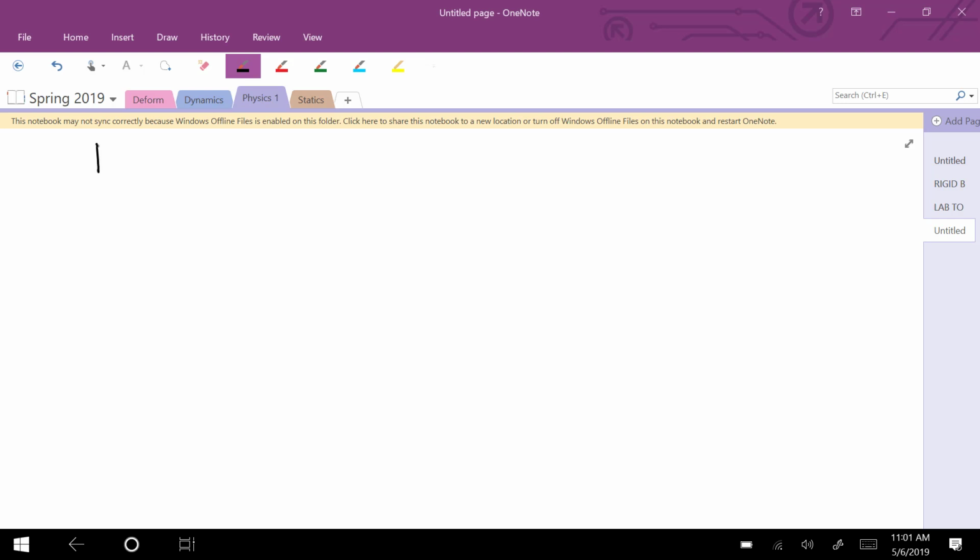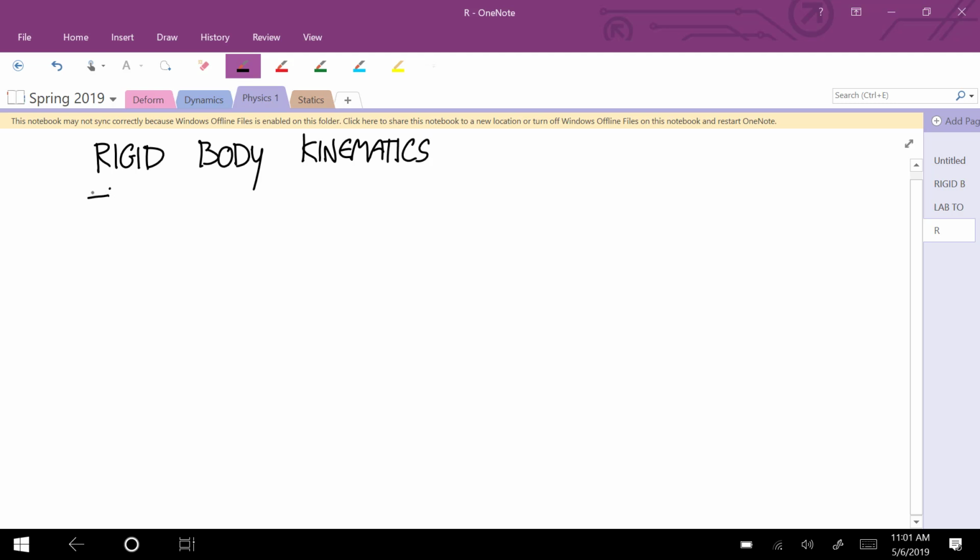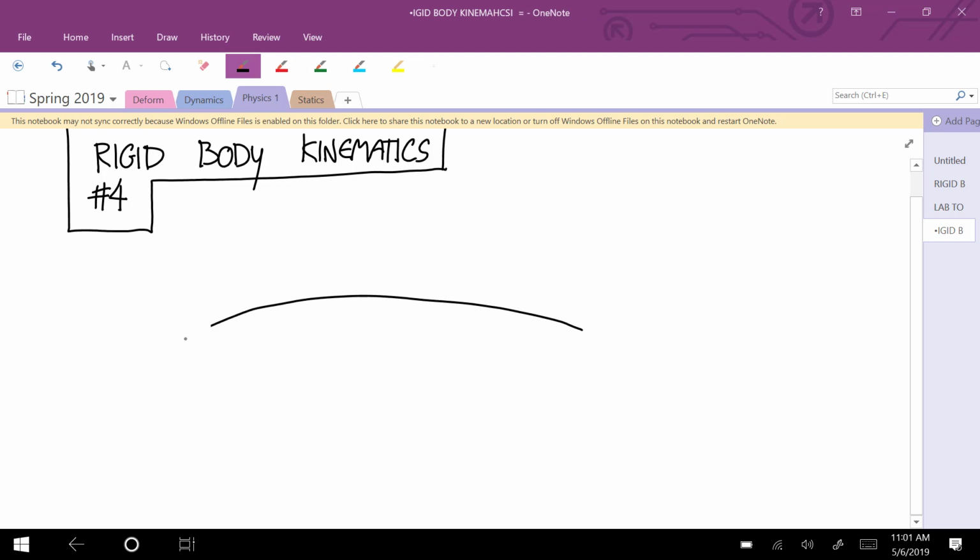Okay, so rigid body kinematics, number 4. This is one with a carousel with a radius of 6 meters.